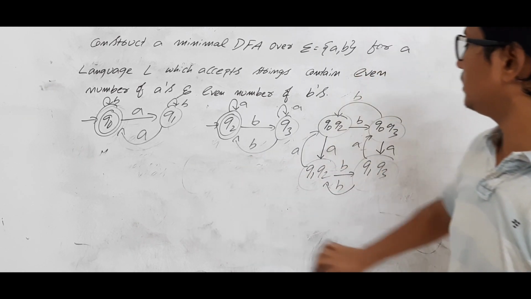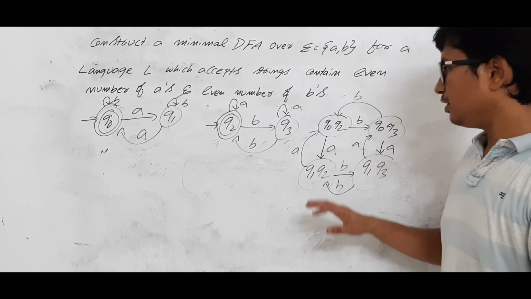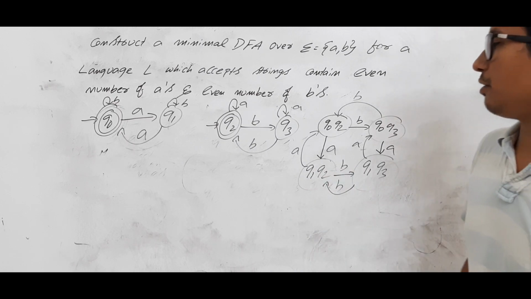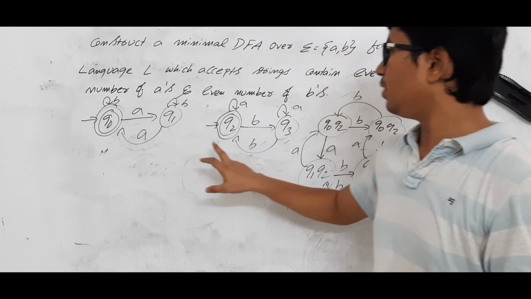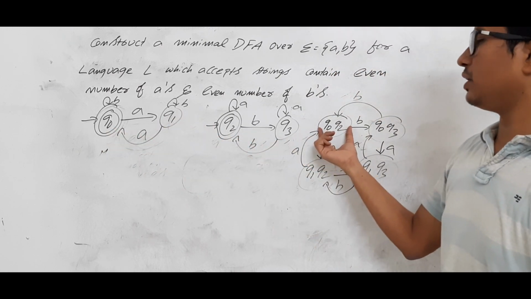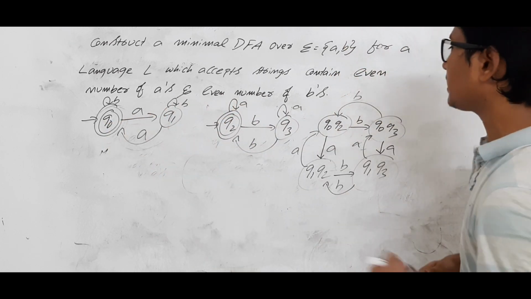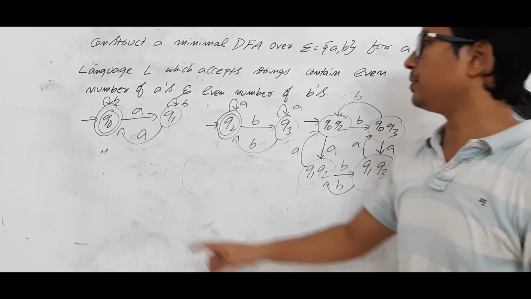Now we will check what the initial state and final states are, because any DFA should have initial and final states. In this DFA, what is the initial state? Q0. What is the initial state in the other one? Q2. So the combination Q0, Q2 will act as the initial state. Is it clear? Let me repeat again.